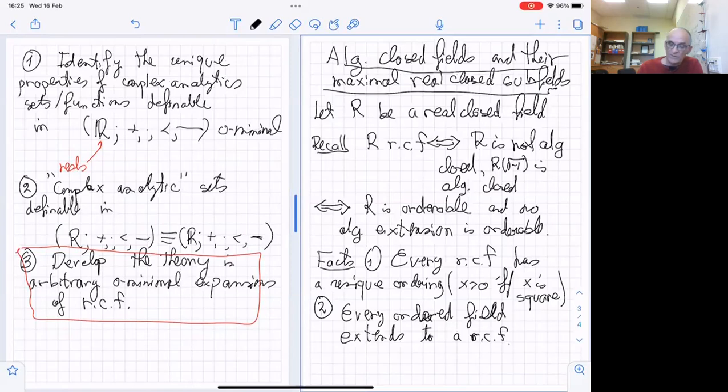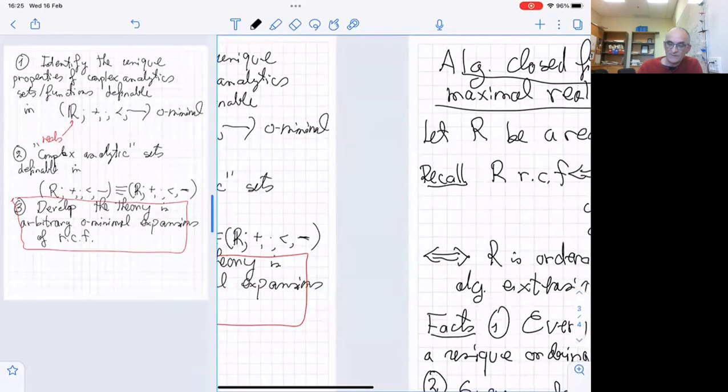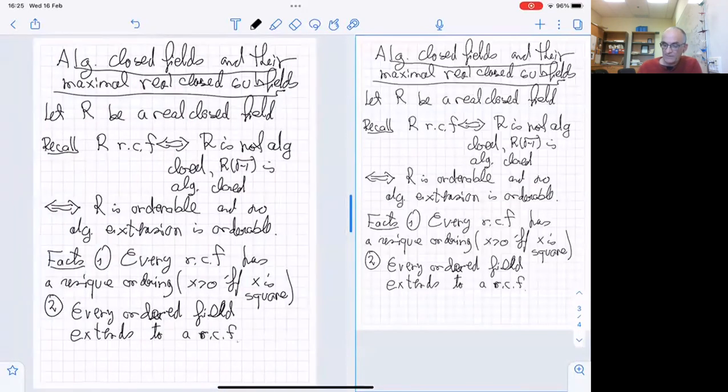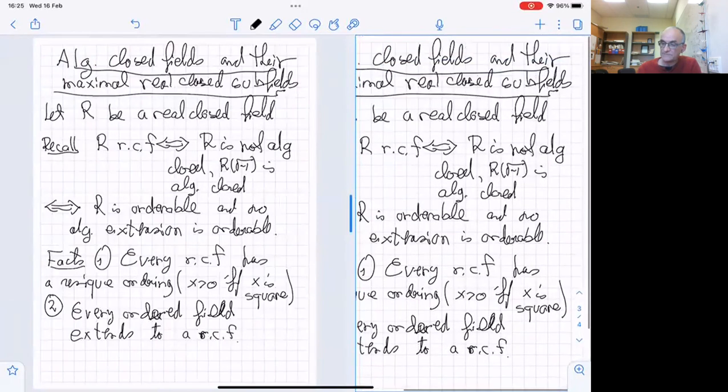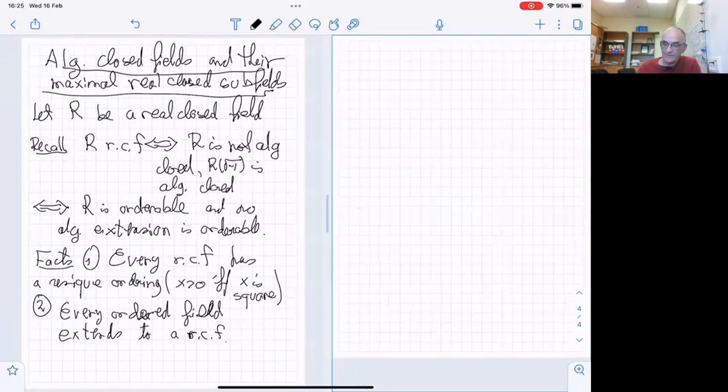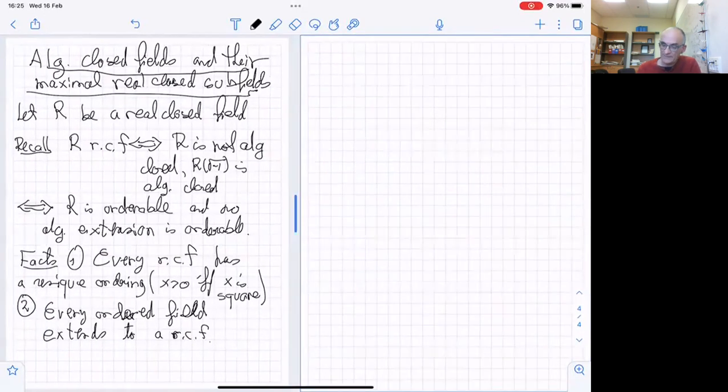Okay, so we have a real closed field R, and now let K be its algebraic closure, which means you just add the square root of -1.